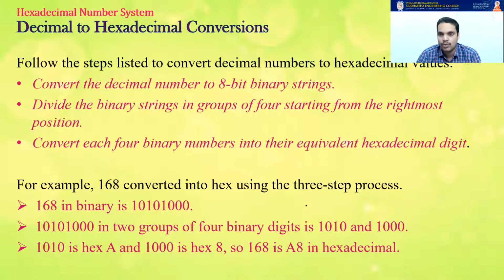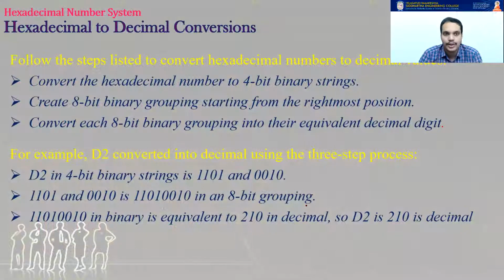But what about the reverse? What about converting a hexadecimal into decimal? This is how you do it. I have D2, and I need its decimal equivalent. D in 4-bit binary is 1101, and 2 is written as 0010.